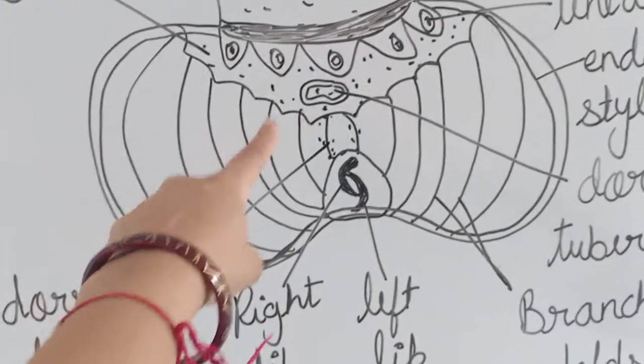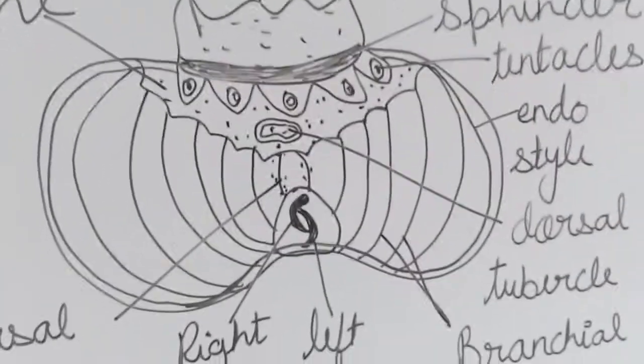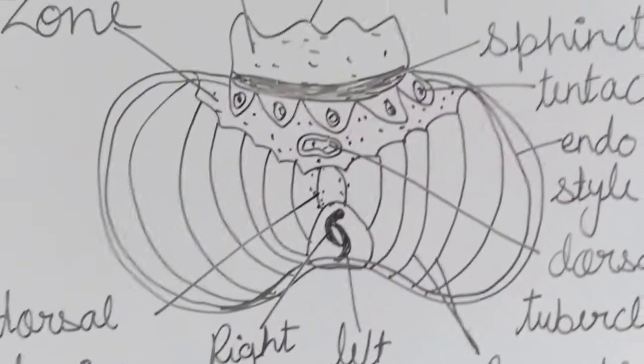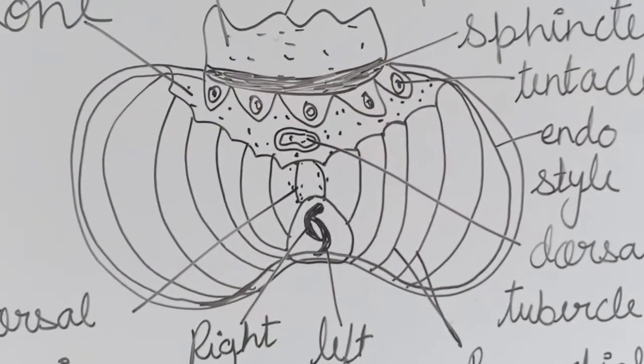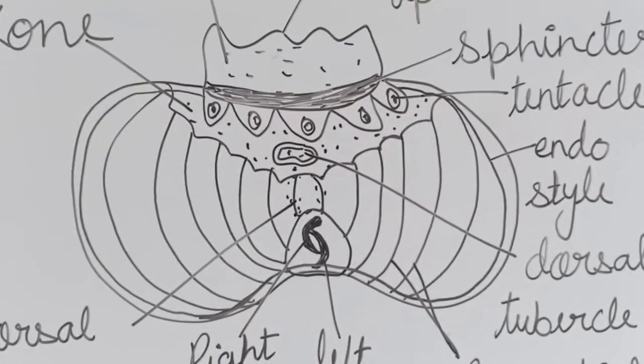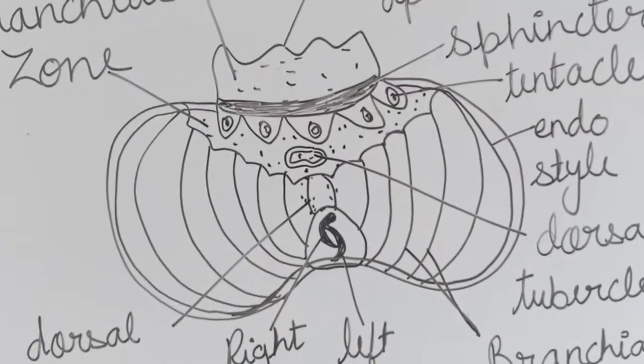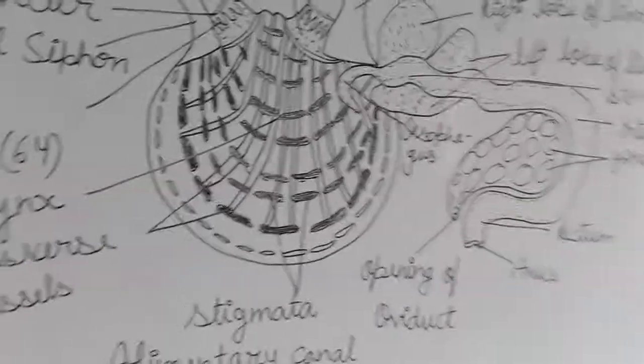In anterior parts, gill slits are absent, cilia are absent, and mostly organs are present in the posterior part of the pharynx. So this is the structure of the alimentary canal of this animal.